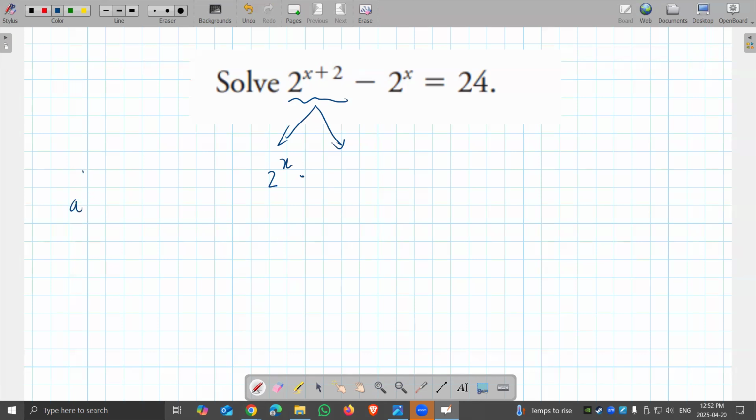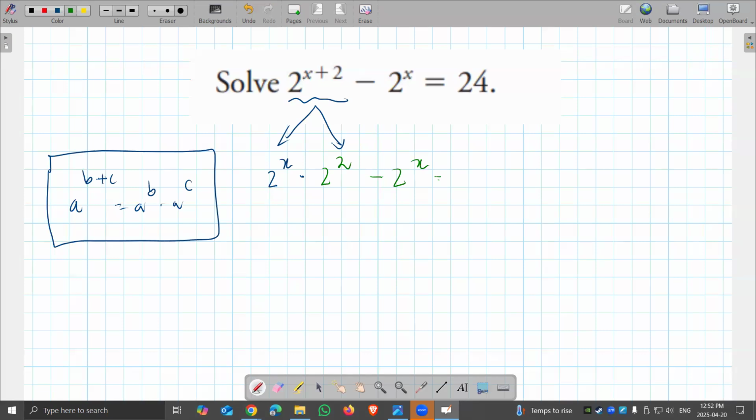Talking about this rule, remember that? That's the first exponential rule. So 2 to the power x plus 2 is 2 to the power x times 2 to the power 2. Do you agree? Why are we doing this? Because we want to take the 2 to the power x in common.